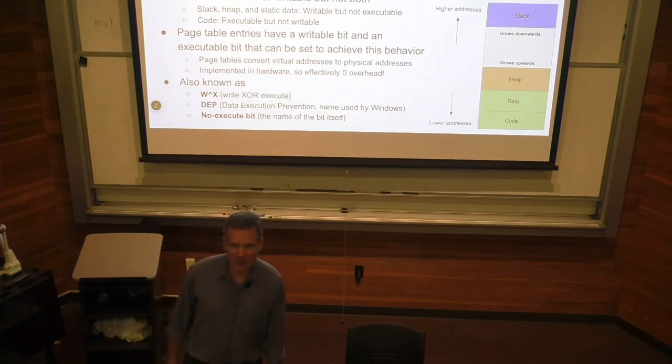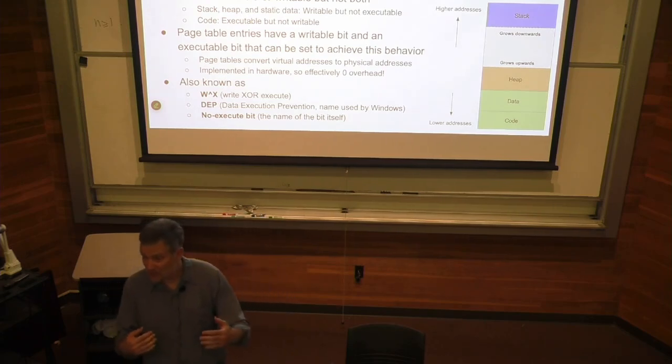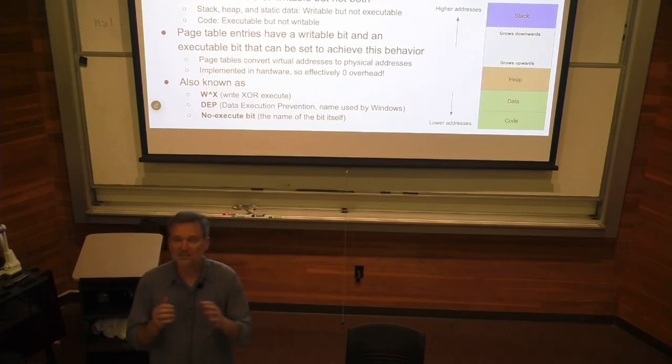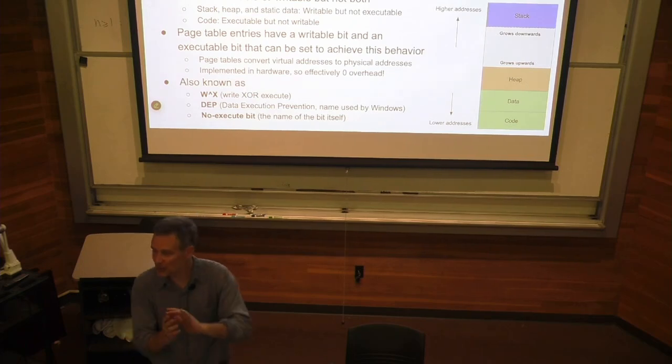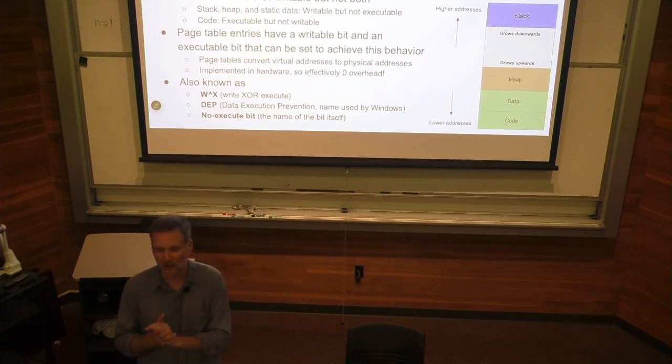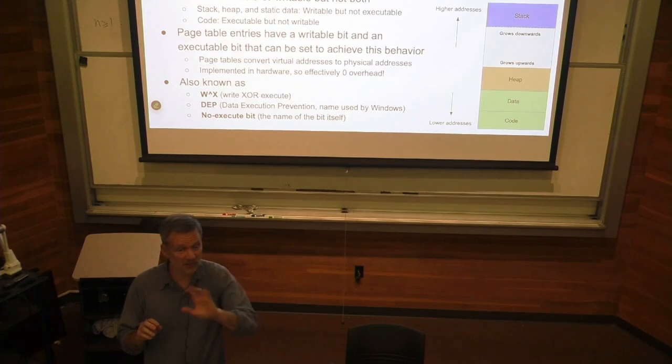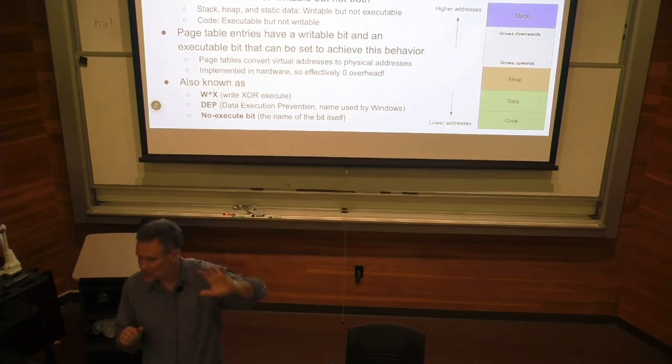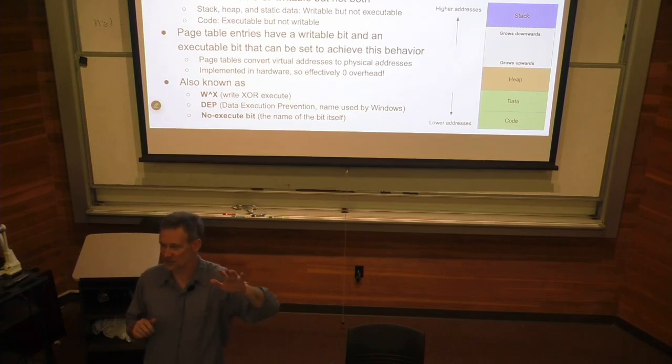So in this way, we can mark some regions of memory, the code segment, as executable. It's okay to execute code that lives in the code segment. But we can mark other regions of memory as non-executable. Don't execute any code that you might find in these regions of memory. Even if the return address says to go there, don't execute that code.